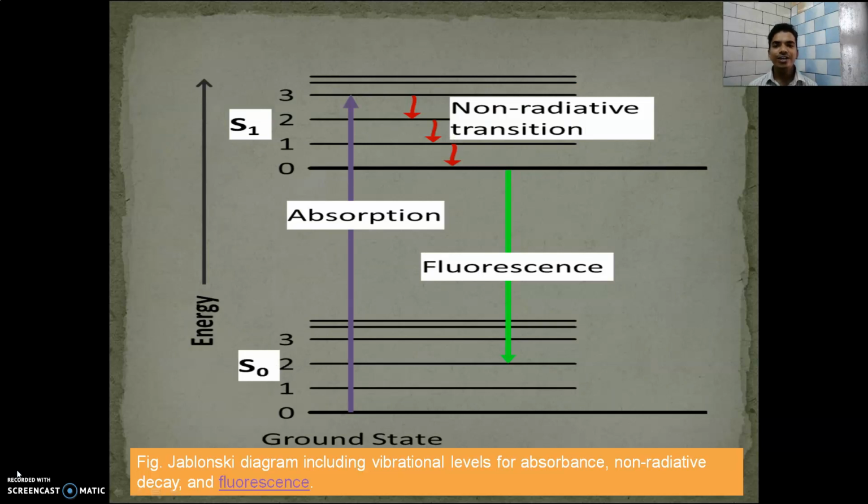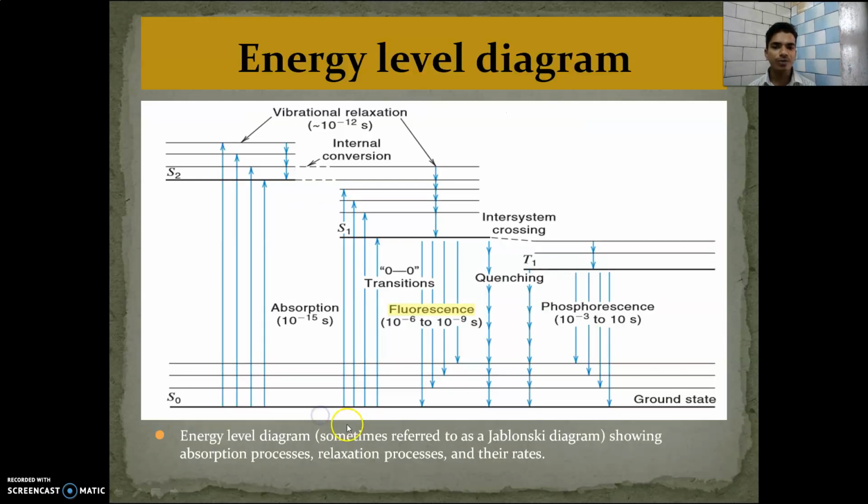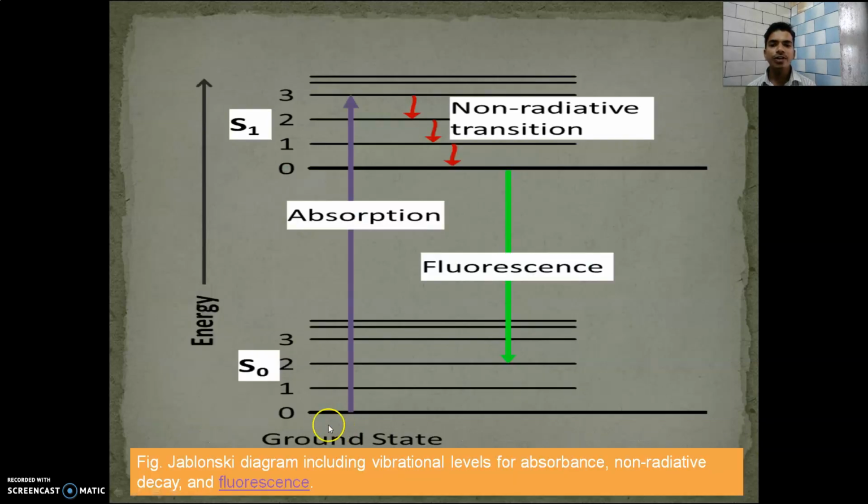So this is the figure of the Jablonski diagram that gives a proper indication of the fluorescence phenomenon, or an idea about what fluorescence is. These are the vibrational levels of the absorbance of a particular substance and the molecule from the particular visible radiation, and form the fluorescence. This is the ground state, from S0 to S1.